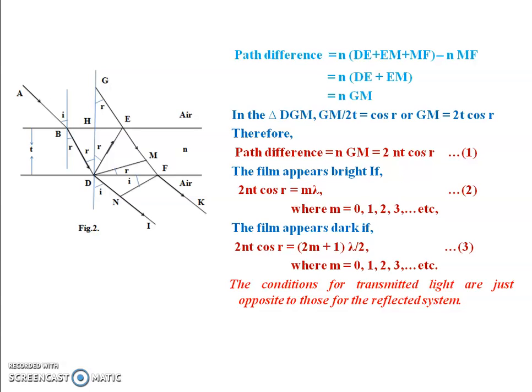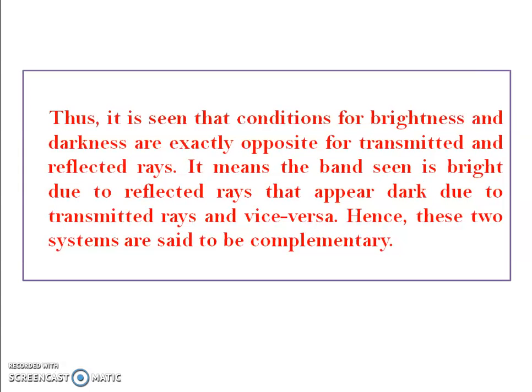The conditions for transmitted light are just opposite to those for the reflected system. It is seen that the conditions for brightness and darkness are exactly opposite for transmitted and reflected rays. That means reflection in a transparent thin film and transmission in a transparent thin film are exactly opposite to each other.